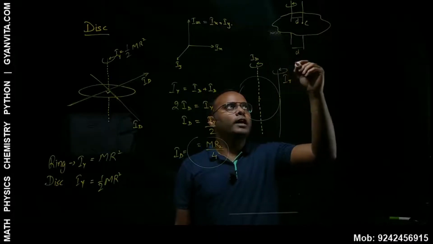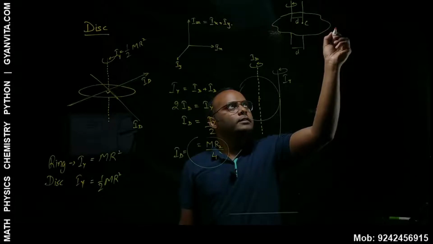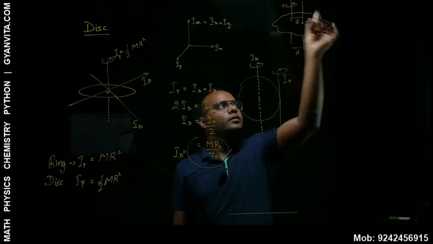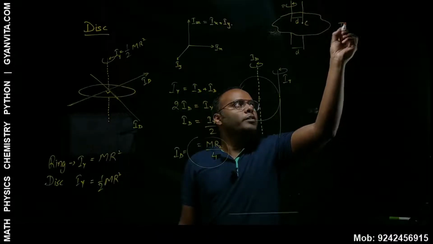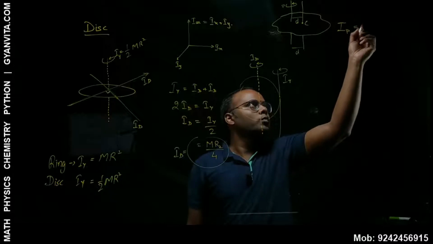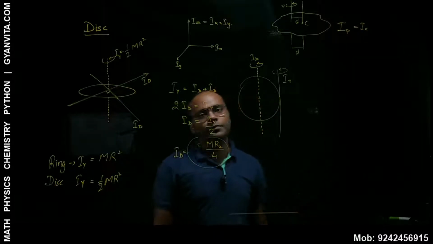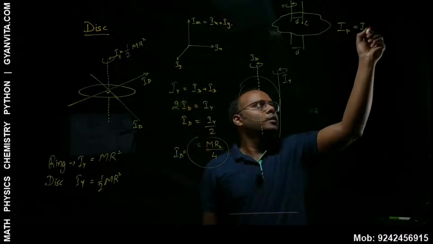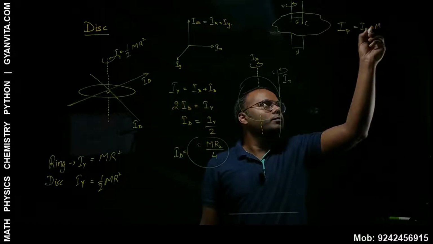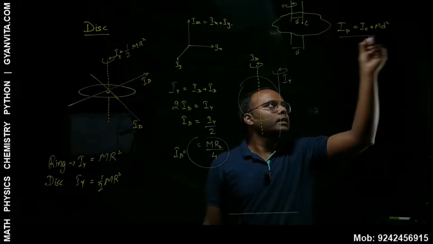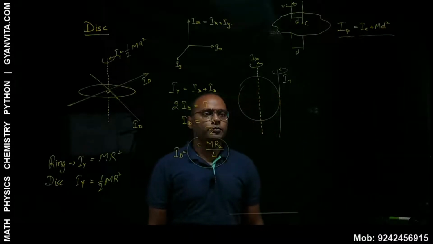Then we know that, suppose this is P, the moment of inertia along the parallel axis is equal to the moment of inertia about the center of mass plus the total mass of the object times d square. This is our parallel axis theorem, and we are going to apply the same theorem here.